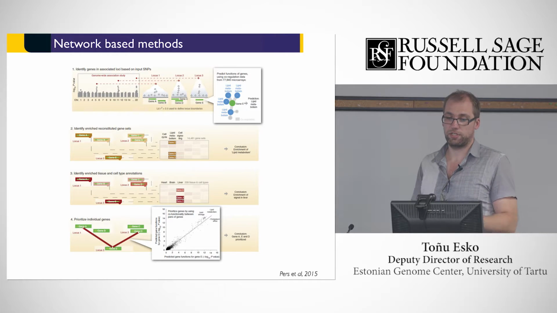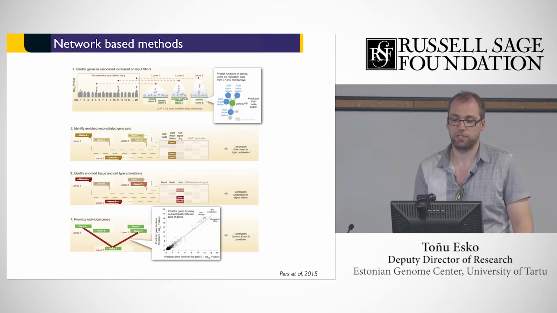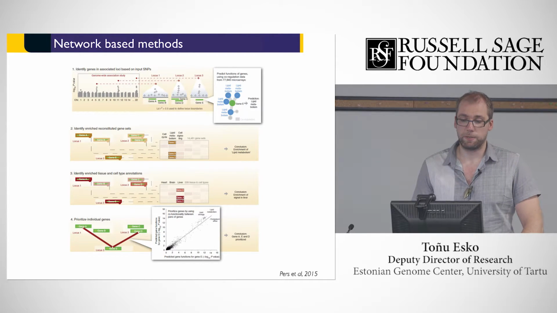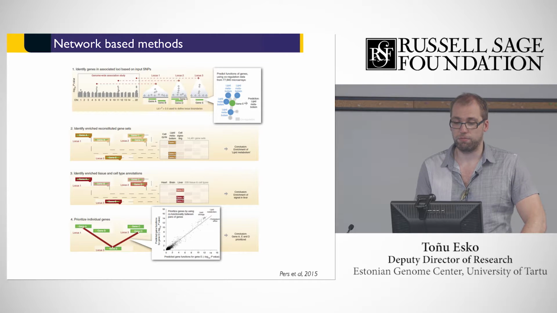How it works is, for example, here at the top, this is our familiar Manhattan plot, and we can take all those regions that are genome-wide significant in our study, in this case 3 regions, take all the genes within a certain region, and then look up all the predicted functions for those genes.